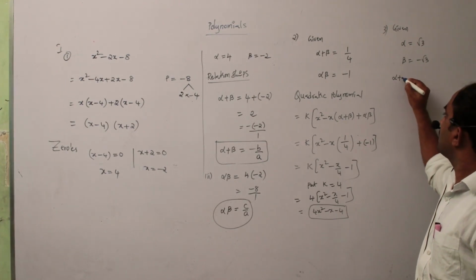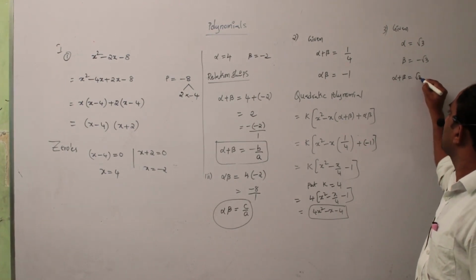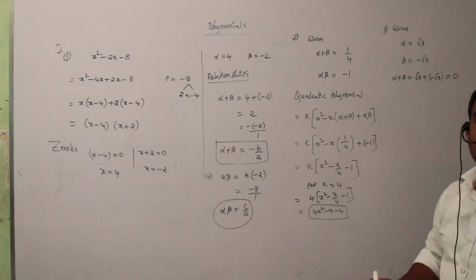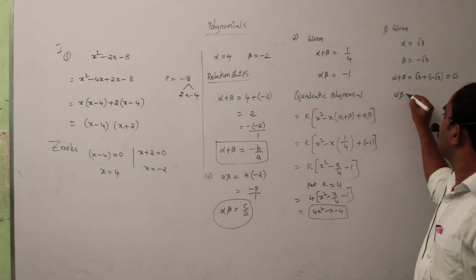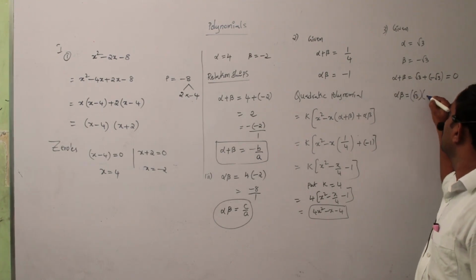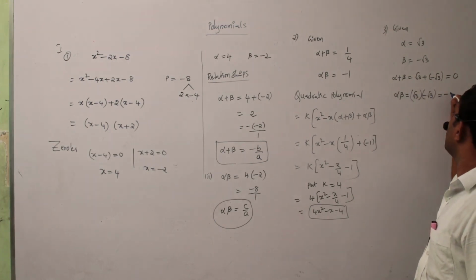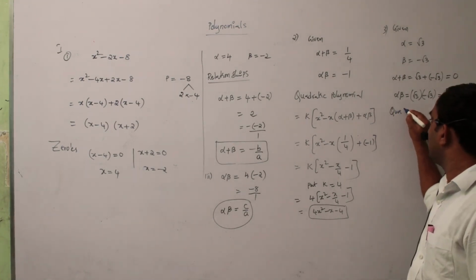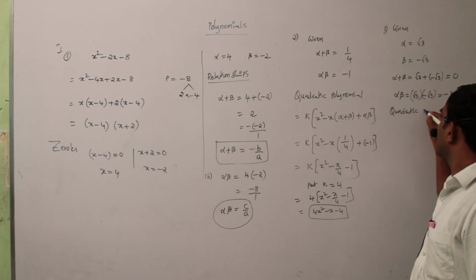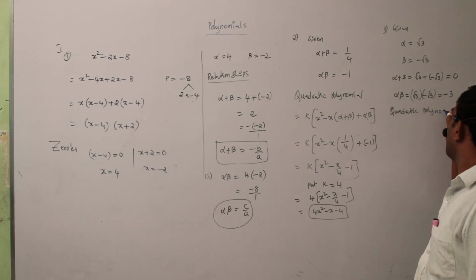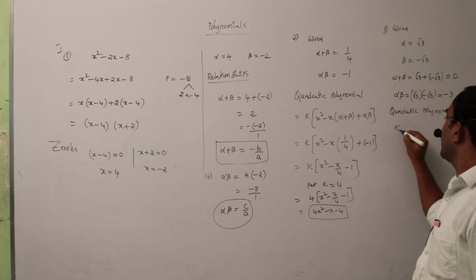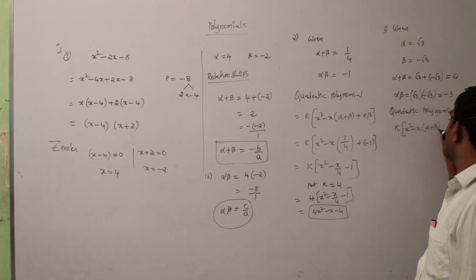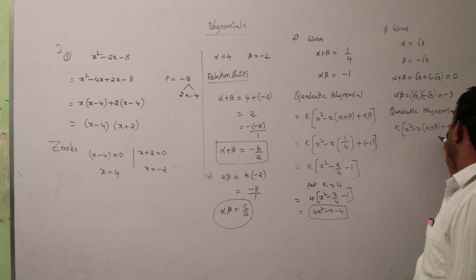So alpha plus beta is equal to root 3 plus minus root 3. Root 3 minus root 3 means how much? 0. Second one, alpha into beta is root 3 into minus root 3. That is nothing but minus 3. Now the same quadratic polynomial: k into x square minus x into alpha plus beta plus alpha beta.